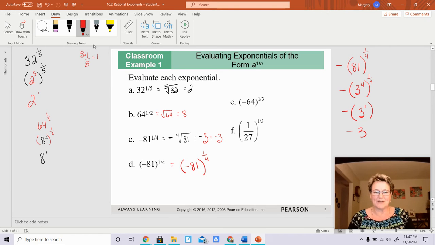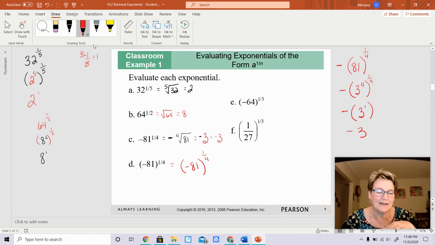Well, this one's a little trickier, because there's no number whatsoever that's going to give me -81. -3 times -3 is 9. 9 times -3 is -27. -27 times -3 is 81, not -81. So on this problem, you're going to get an imaginary number.